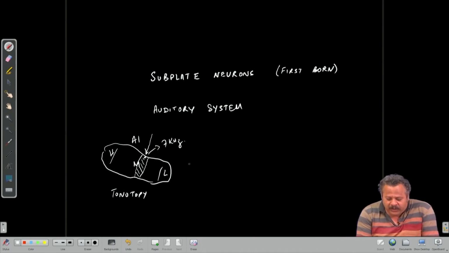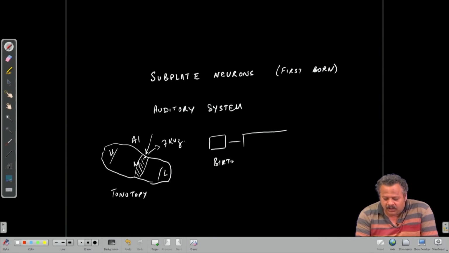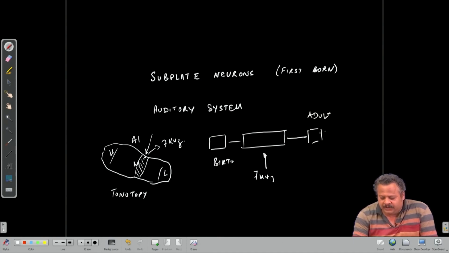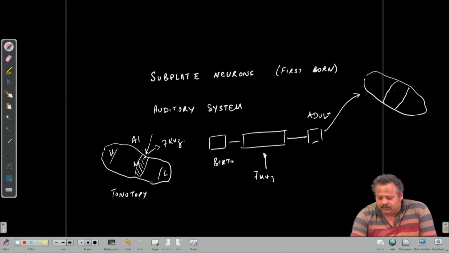Let us say the animal at birth goes through a critical period when that 7 kilohertz is presented, and then when the animal is an adult, the auditory cortex is mapped, and this is the primary auditory cortex, and compared to the normal, the 7 kilohertz region gets expanded.